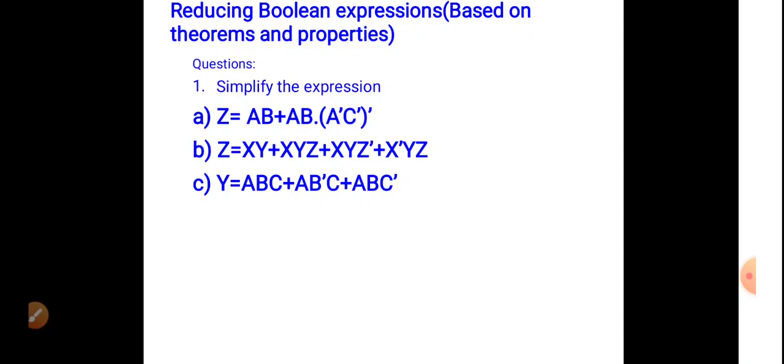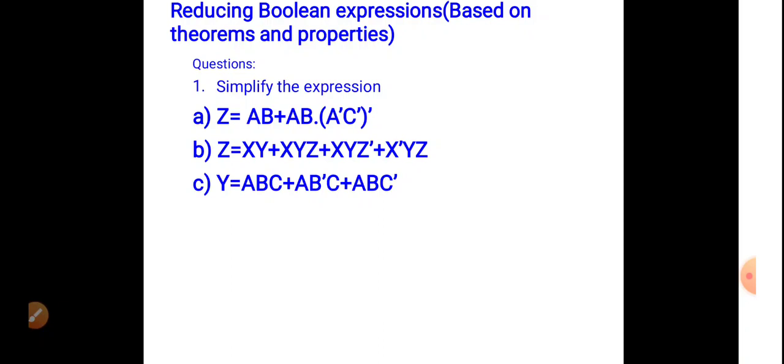So the number of gates required before simplification is very high compared to after simplification.